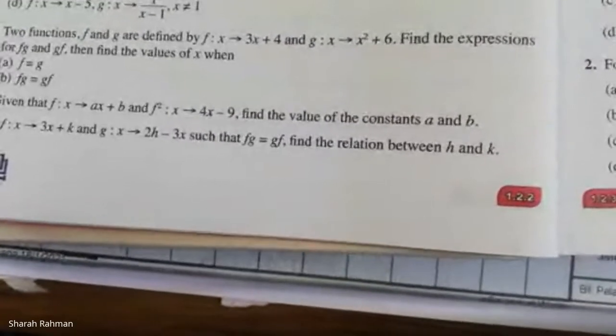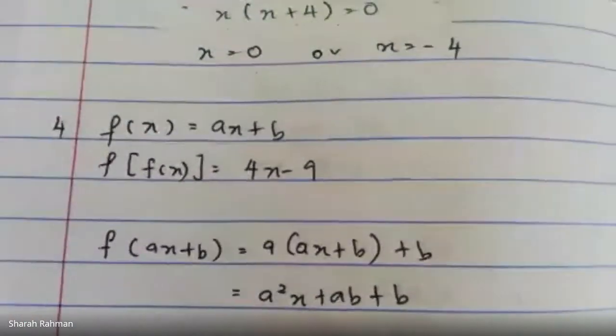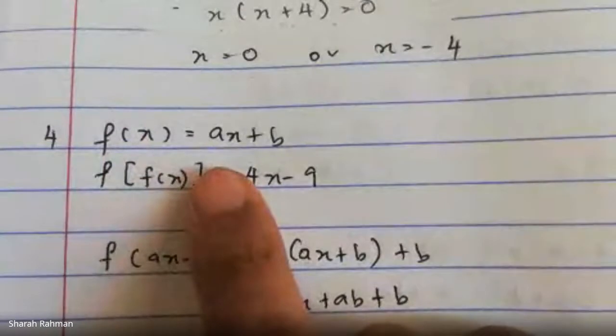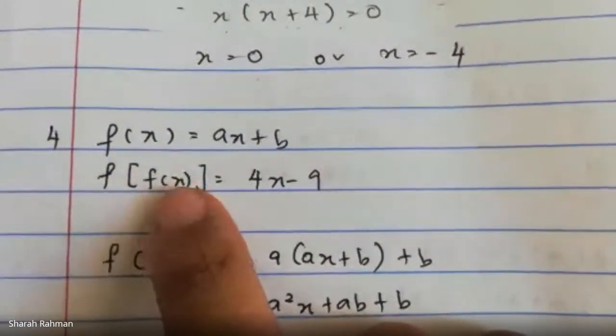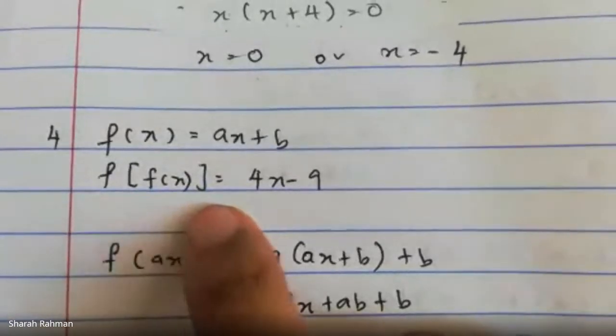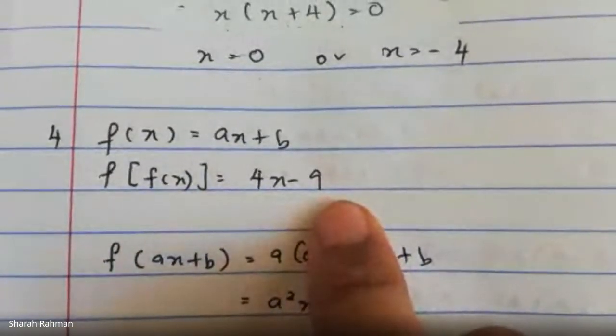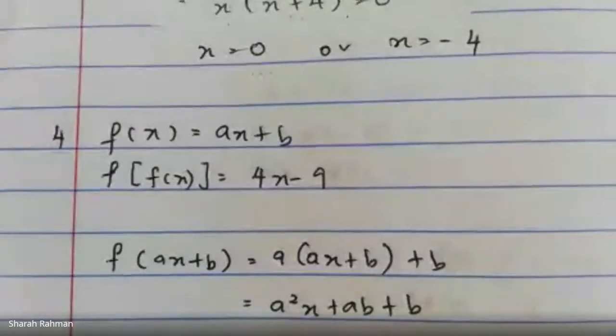Find the value of the constants a and b. So we have fx equals to ax plus b, given, and also given f squared x is 4x minus 9. So we want to find what is a, what is b.